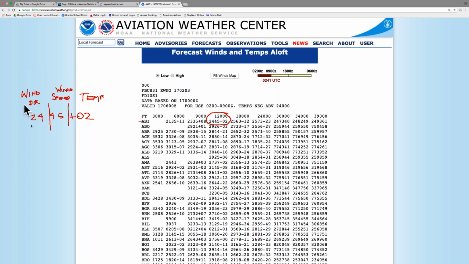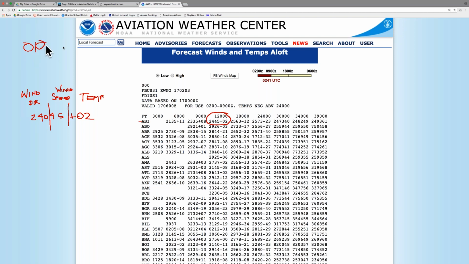So the way we read this is just like when we're reading runways. Wind direction is 240. The 0 is implied. Does that make sense to everybody? Yes. So let's say that you see wind direction is 0-1. What direction is the wind coming from? 010.